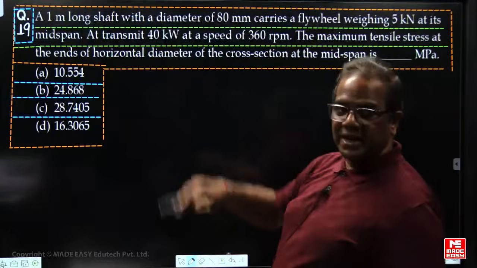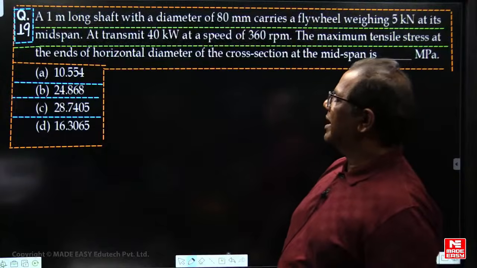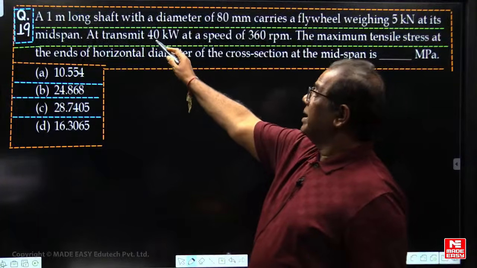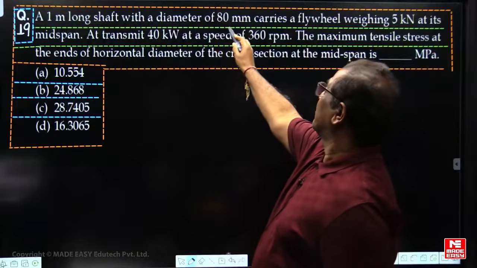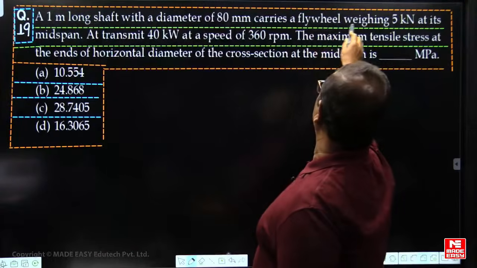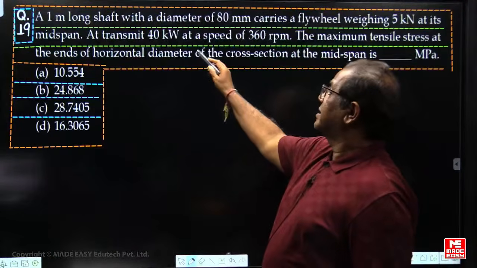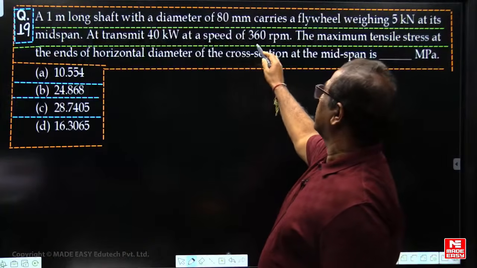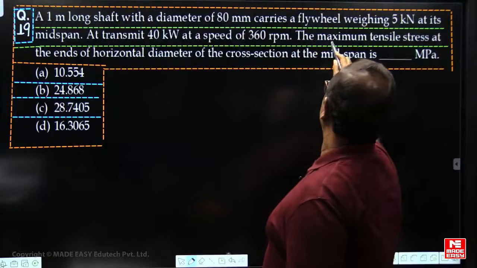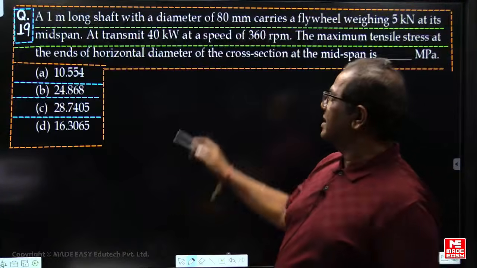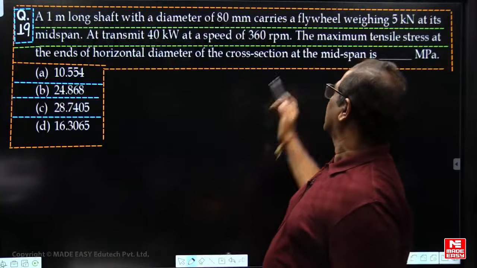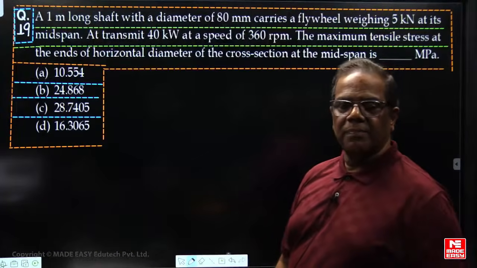Now question number 19. A 1 meter long shaft with a diameter of 80 mm carries a flywheel weighing 5 kilonewton at its midspan, and it transmits 40 kilowatts at a speed of 360 rpm. Find the maximum tensile stress at the horizontal diameter of the cross section at the midspan.